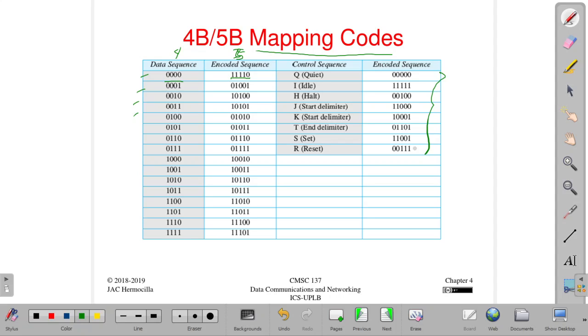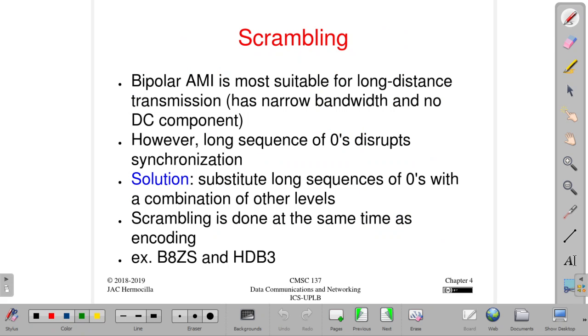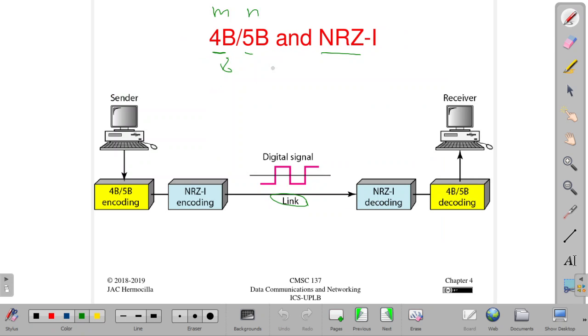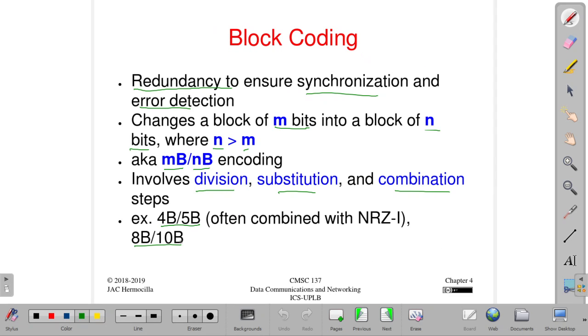Okay, so that's for the 4B/5B. So I did not show the 8B/10B, but it's the same. So 8 bits will be encoded into 10 bits.